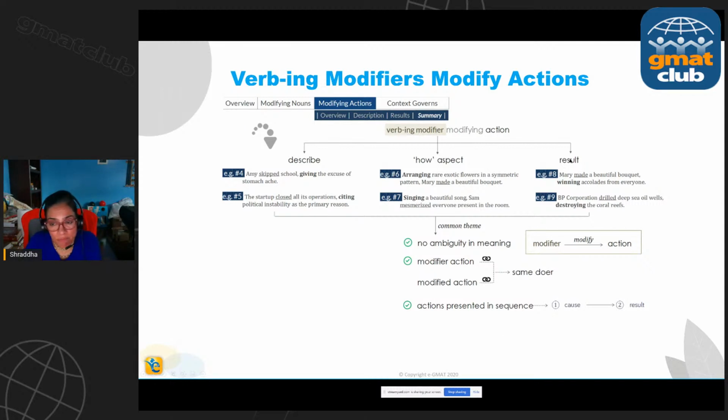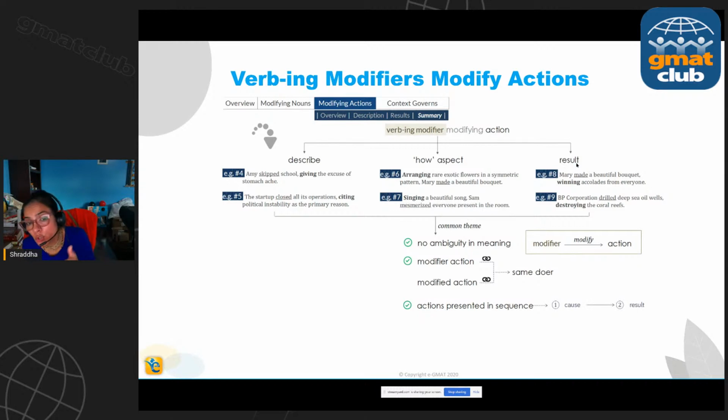Also, we spoke about how we cannot put winning accolades from everyone in the beginning of the sentence when it comes to using the comma plus verb ing modifier to present the result. We cannot write them in the beginning of the sentence. Why? Because cause and effect always happens in a sequence. Always the cause happens first, then the action, then the result happens.